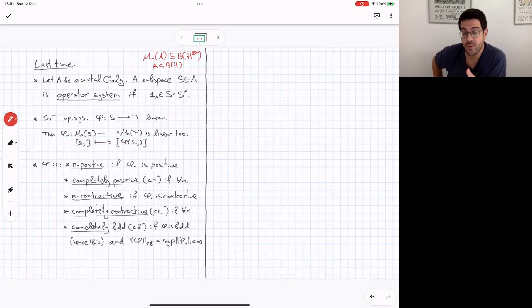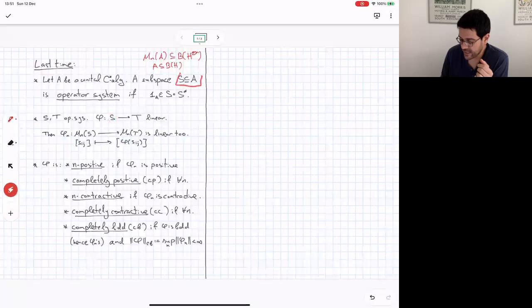Same goes for positive elements. In operator systems, this is not the situation. These depend on the original embedding of S inside the C-star algebra A. So I can embed S in another A, in some B, and get things that behave differently. But we will discuss this later, don't worry. This is just something I wanted you to have in mind in the meantime.